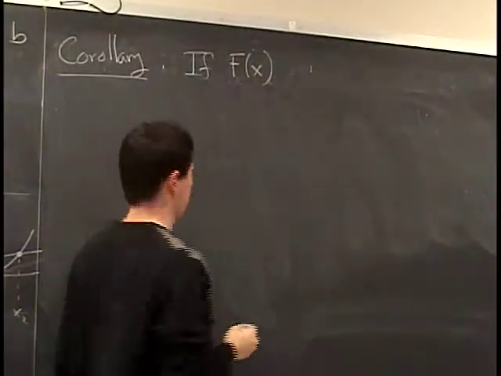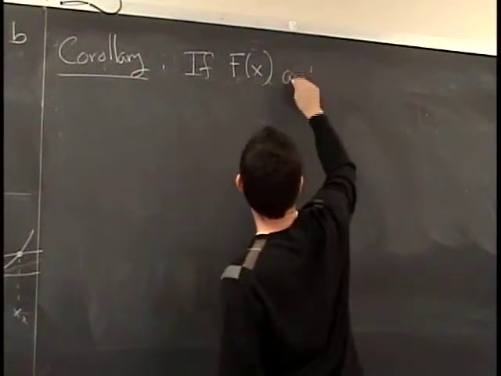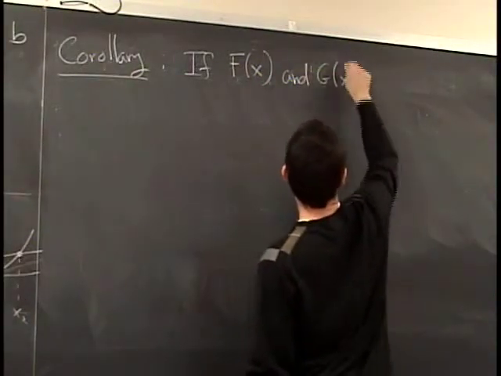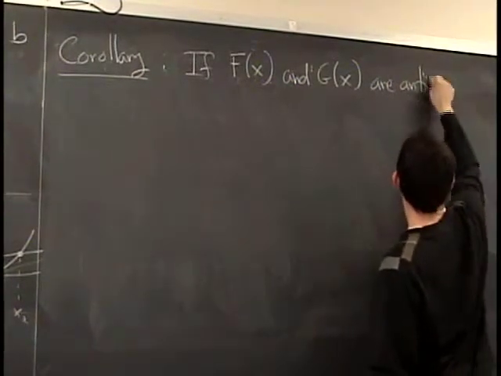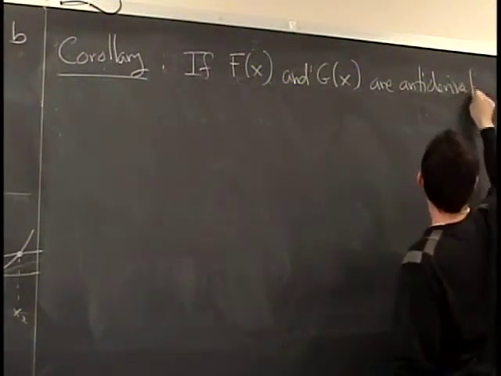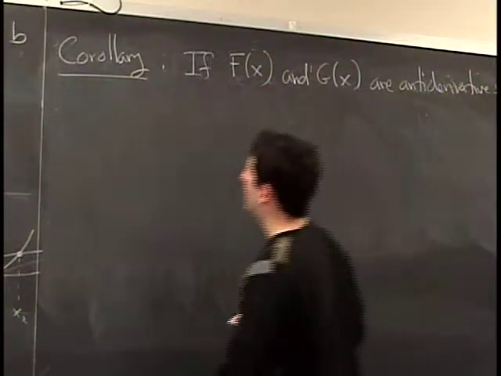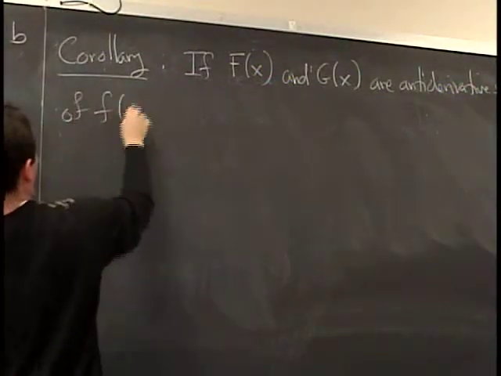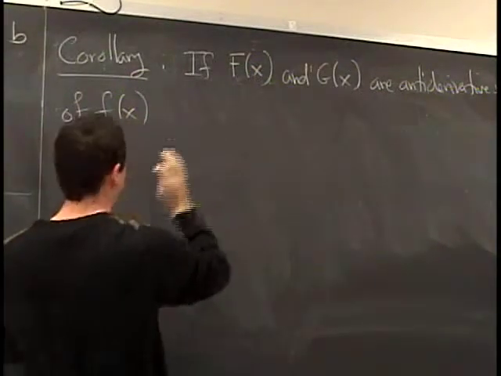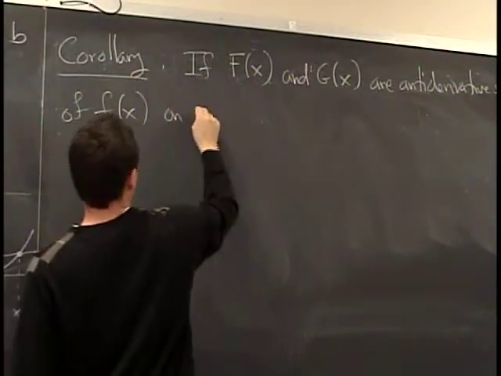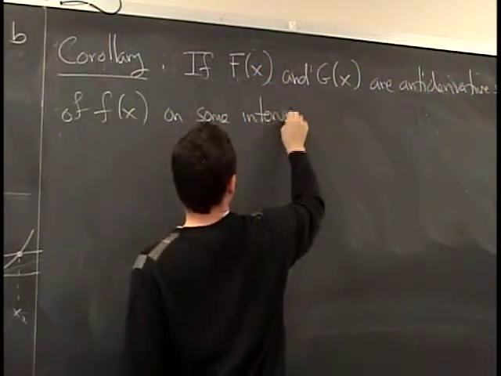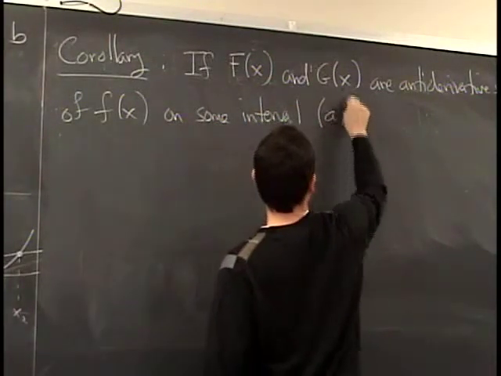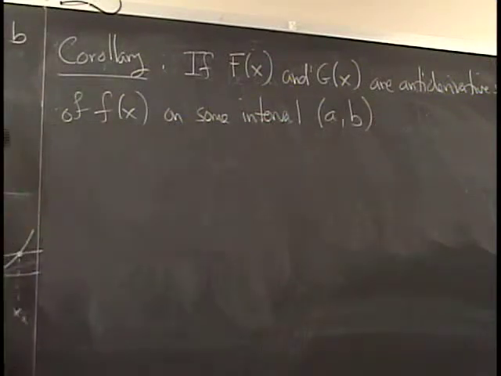So assume I have two functions, big F and big G. Assume that F of x and G of x are antiderivatives of f of x with respect to x, on some interval AB.